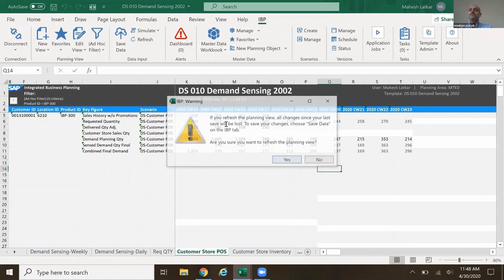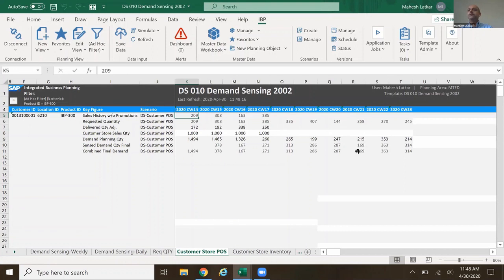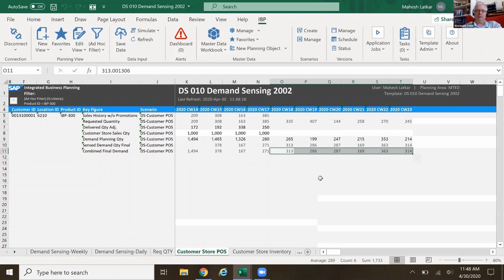If I refresh the screen now, we'll go back to the base scenario, and if you look at the total now, it's 1733. This is still a little bit higher because there's actual recorded customer store sales, which basically looks higher than the sense demand before.